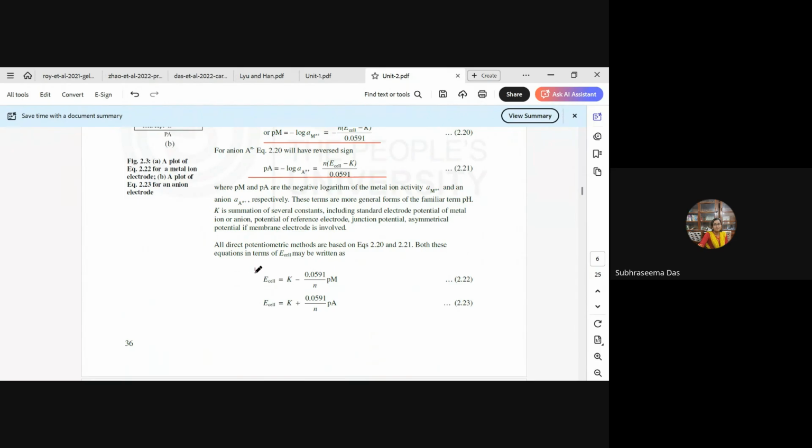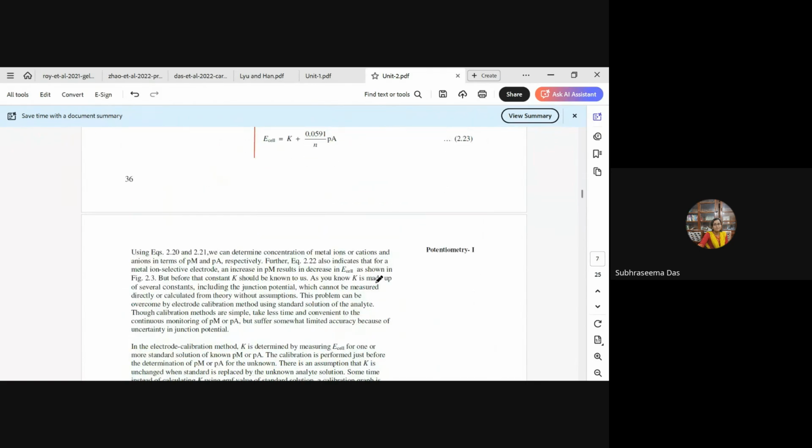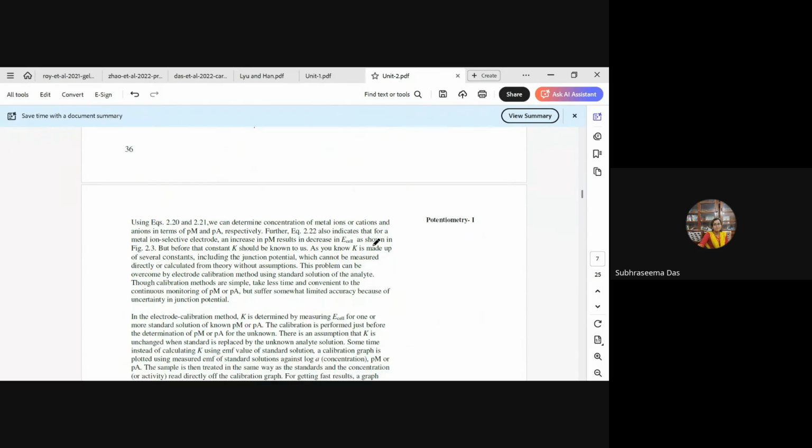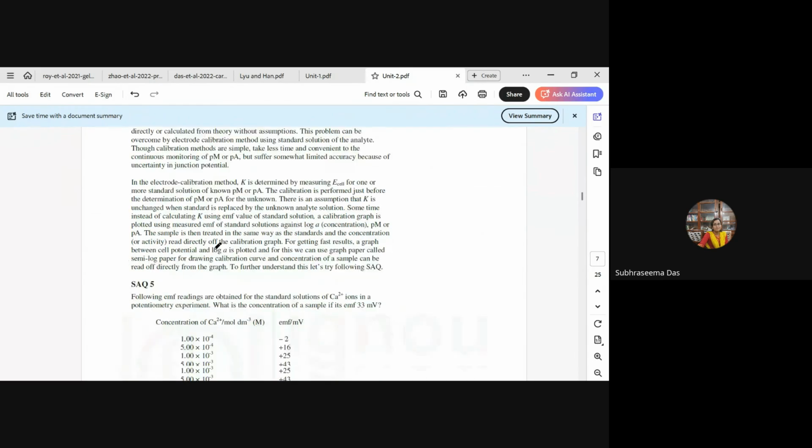Now these two equations can be simplified in terms of equations 2.22 and 2.23, that is E cell is equal to K minus 0.0591 by n into pM, and E cell is equal to K plus 0.0591 by n into pA. So using these two equations, we can determine the concentration of cations or anions present in terms of pM and pA. In the electrode calibration method, the K value is determined by measuring the E cell for one or more standard solutions known for pM or pA.